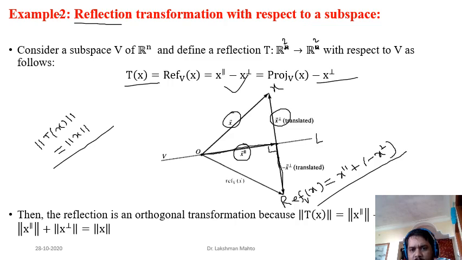Also, from the geometry you can observe the angle between these two vectors: x parallel, the projection of x, is perpendicular to negative of x perp. So using the Pythagoras theorem, how can you find this length? If you have a right angle triangle with side A, side B, and side C, how do you find the length of the longest side C?